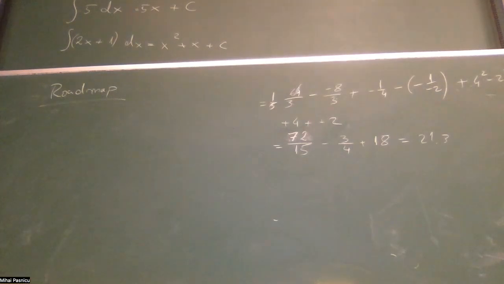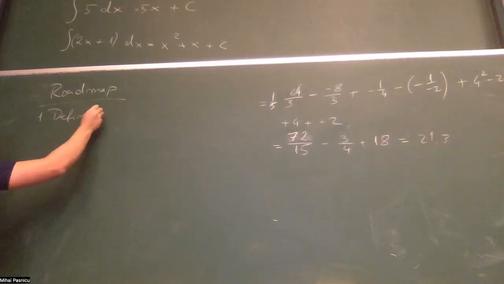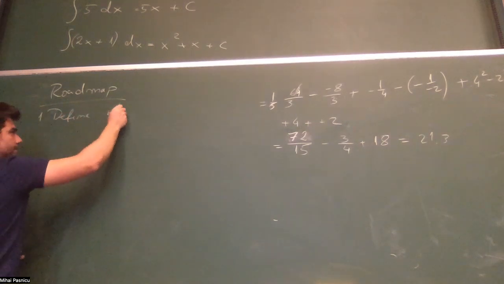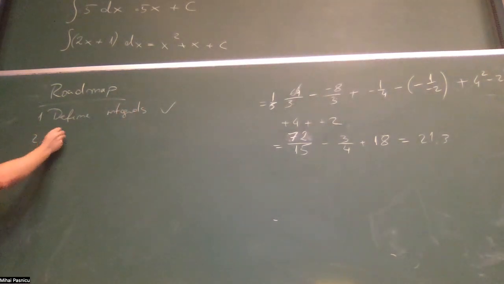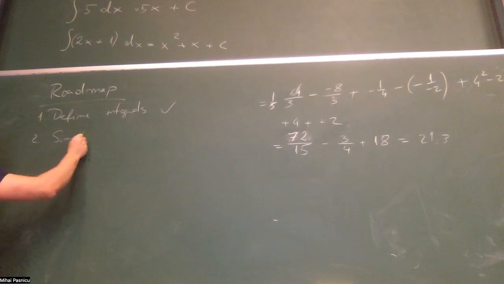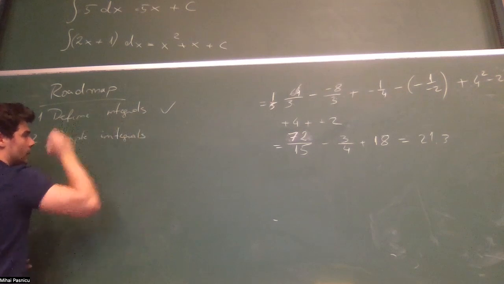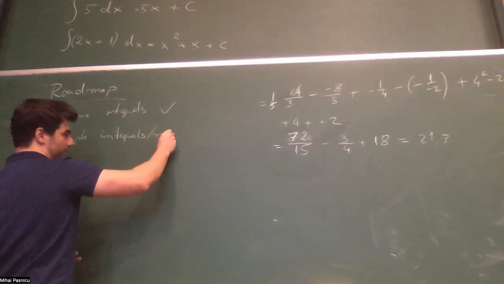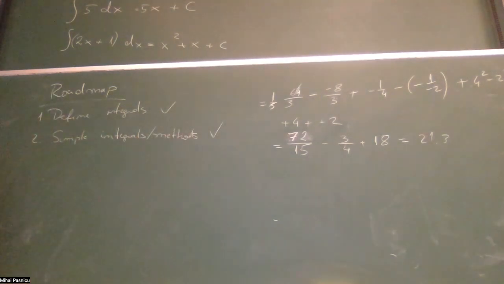So the roadmap was to define integrals, which we did, then show you the simple integrals and methods with separating and taking the constant out. So we did this as well. And now we have to do the two last parts, which is the integration by parts.